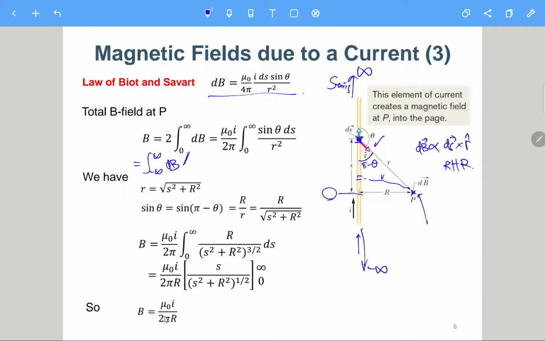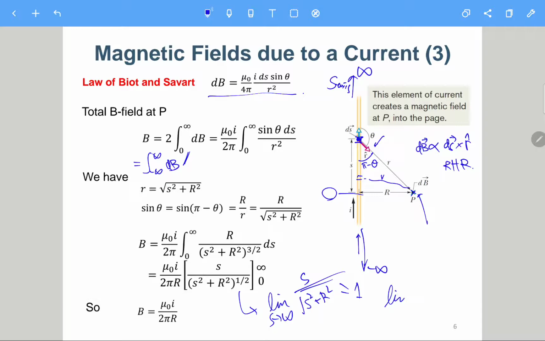So it turns out to be mu 0 I over 2 pi r. Because as long as you have this term, the limit as s tends to infinity of s over the square root of s squared plus r squared will be 1.